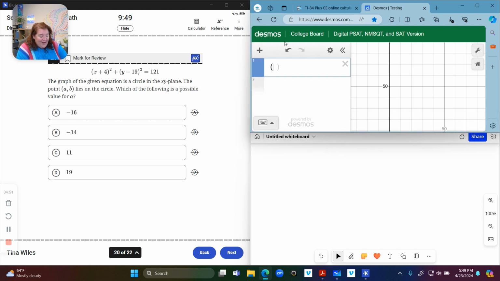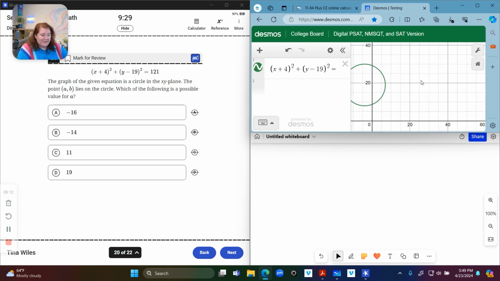But the way that I would solve it, and is much easier, is to use Desmos. And just as a reminder, you can get access to Desmos by hitting the calculator button within the Bluebook software. I am just using a different screen just to make it a little bit easier to see.